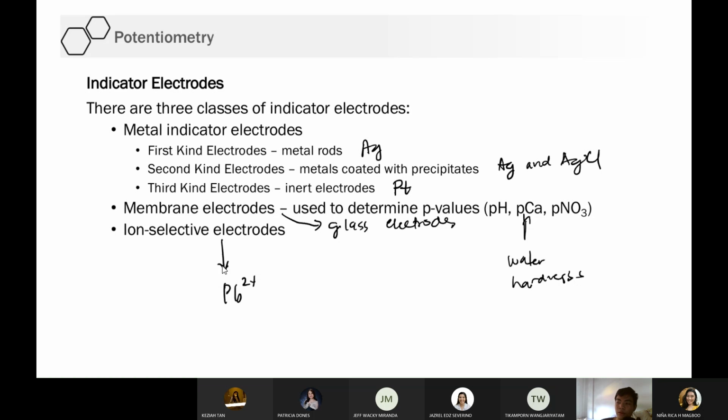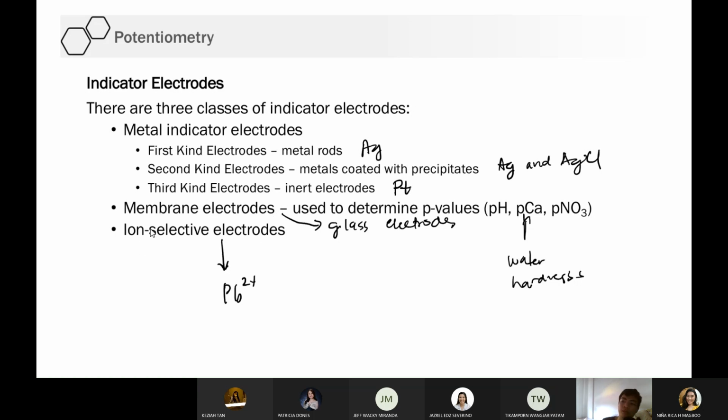Her thesis, that was Ma'am Adoracion Resurrection. She works at PNRI, so I actually had an opportunity to talk with her because my OJT was in PNRI, Philippine Nuclear Research Institute.